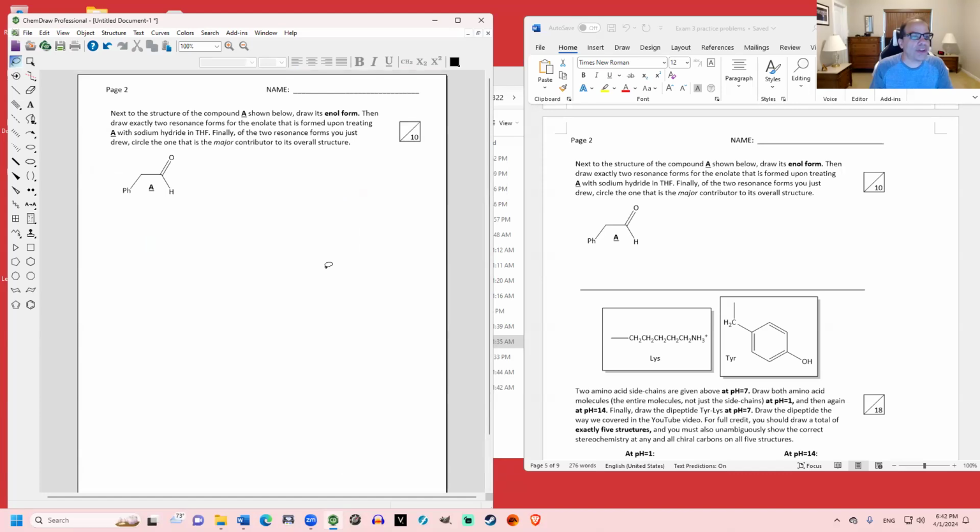So let's focus on each of these in turn. This is asking you to take this compound and treat it with sodium hydride and THF. This is one of the bases that we talked about yesterday. Oh, I'm getting ahead of myself. First, we have to draw the enol form. Then we'll treat it with sodium hydride.